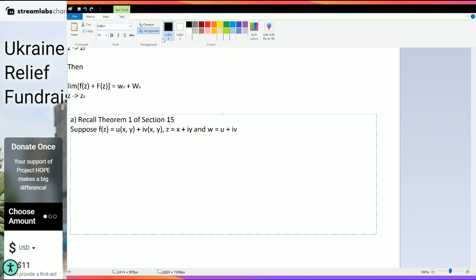Let's put in the naughts. So then we can deduce by this the limit of f of z equals w naught as z approaches z naught.